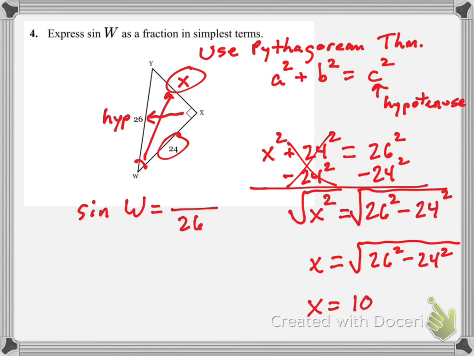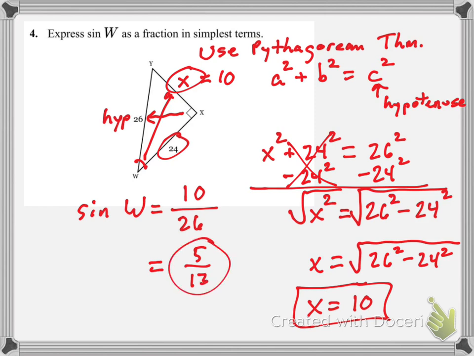Well, that worked out nice. Okay, so my opposite side is 10. So 10 goes there. Well, 10 over 26 in lowest terms is 5 over 13. Okay, so there's going to be problems where they don't give you one of the sides, and you'll need it, okay? So you have to do Pythagorean theorem in that case.